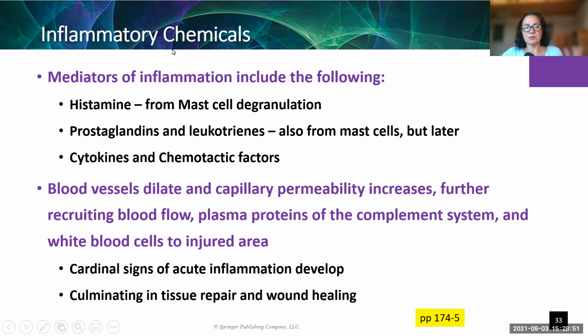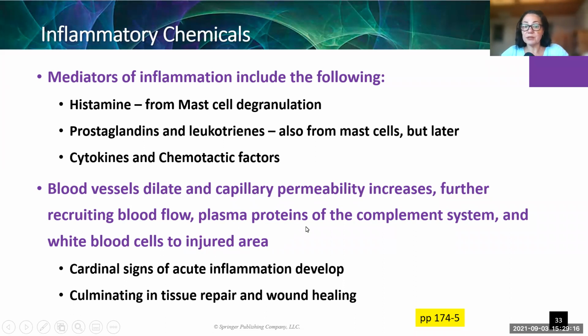Okay, so what happens in response to histamine, prostaglandins, and leukotrienes? We already said the vascular smooth muscle relaxes, so the blood vessels dilate. The capillaries get leaky, so fluid goes out, but more white blood cells can also come out more easily. We get more blood flow.